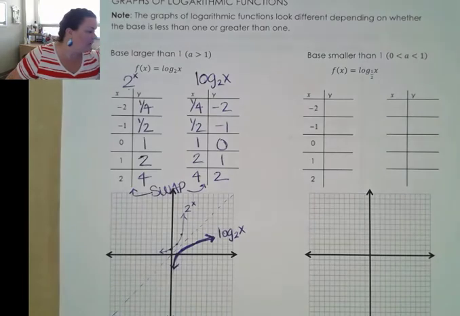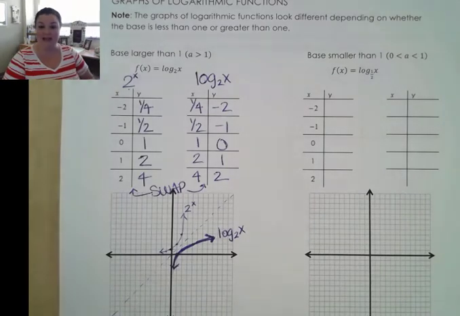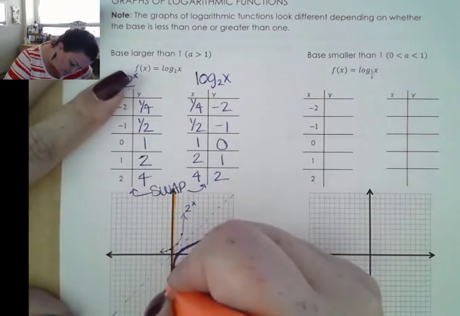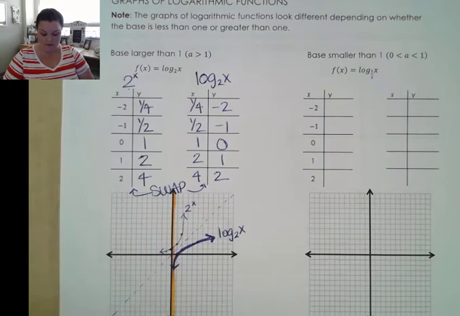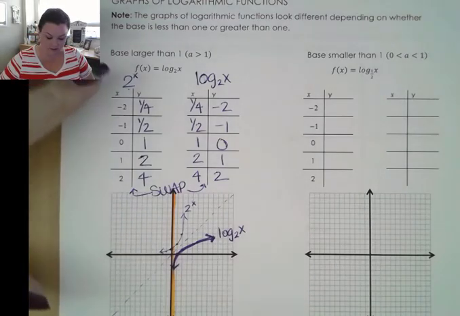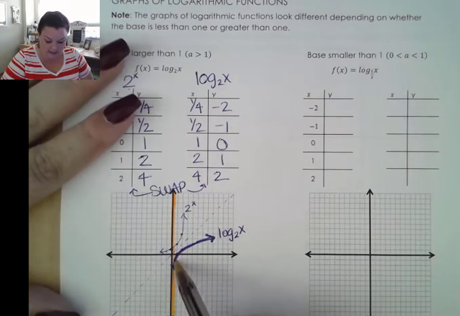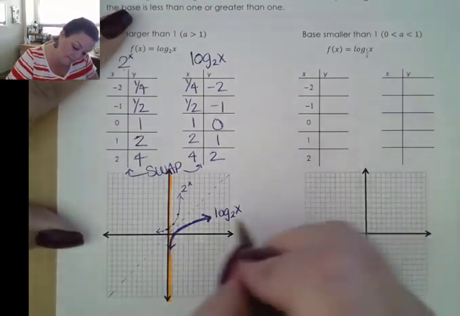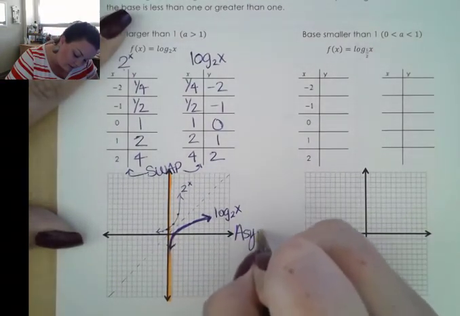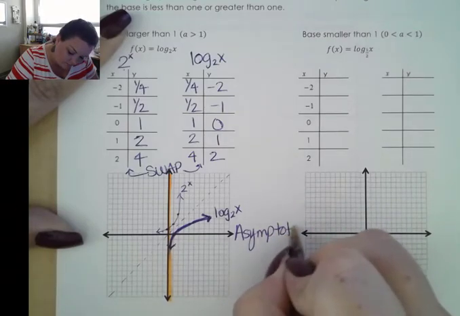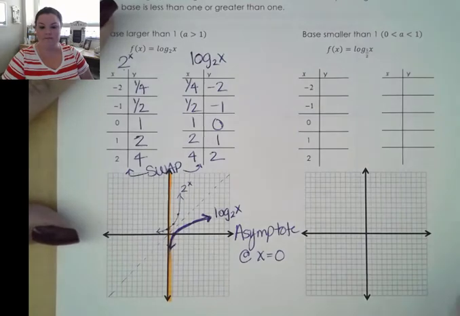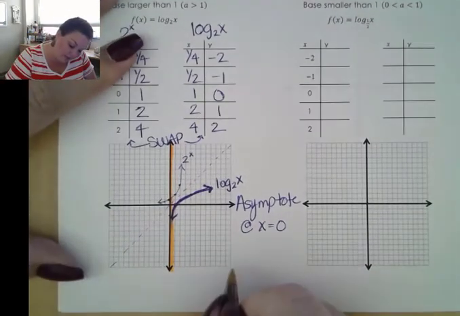So that changes this from a horizontal asymptote to a vertical asymptote right here, where this log is going to get closer and closer to x equals 0, but never touch it or cross it. Okay, so now we have an asymptote at x equals 0.